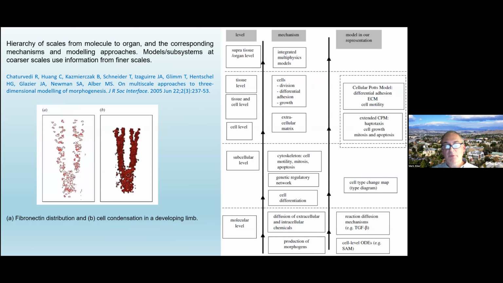So this was applied early on to model early stages of development of a chicken limb. The chickens have three digits in the end. But what's more important, the limb starts with 1 bone, splits into 2, splits into 3.